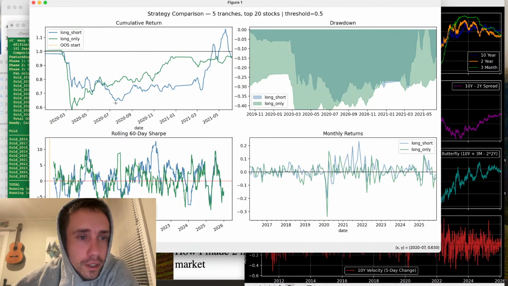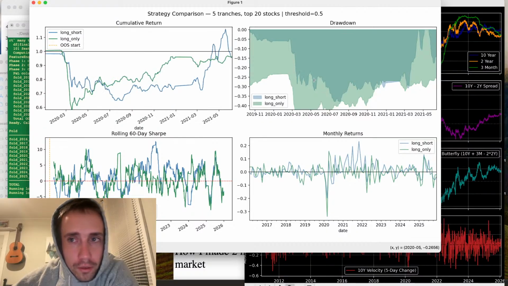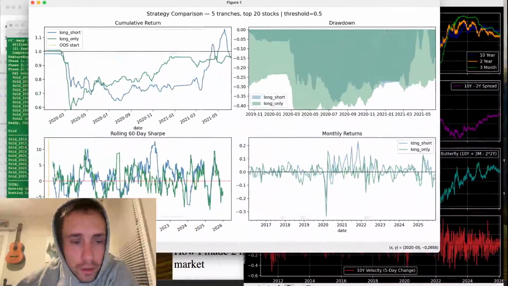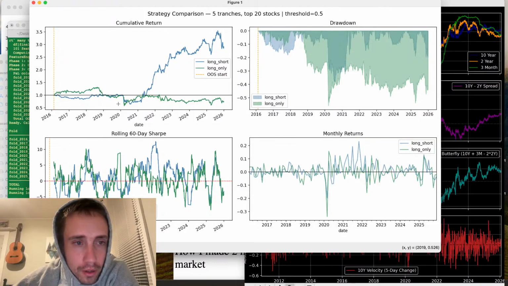I lost money till like August. That was a really good time for the stock market, so I'm missing out on all of that action. Meanwhile, the long only model recovered a lot during that period. So this looks really good here, but I would have had to trade this for 6 years before really getting good returns. That's bad.